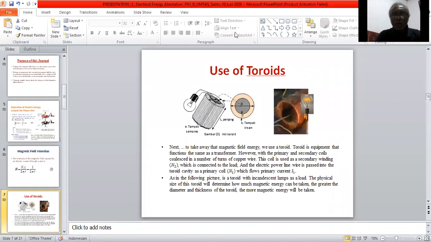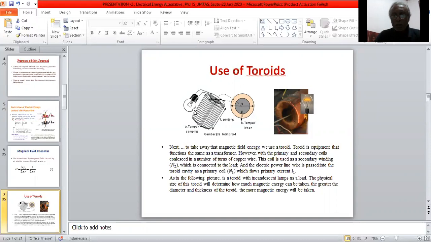And next, how to take away the magnetic field energy? We use a toroid. A toroid is equipment that functions the same as a transformer, however with primary and secondary coils of a number of turns of copper wire.